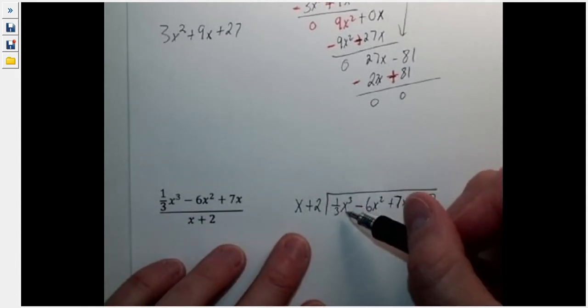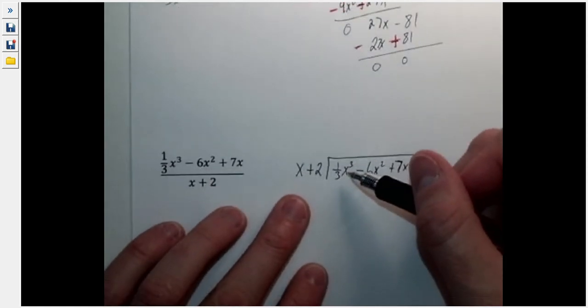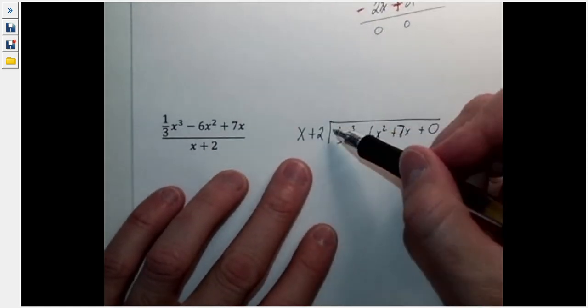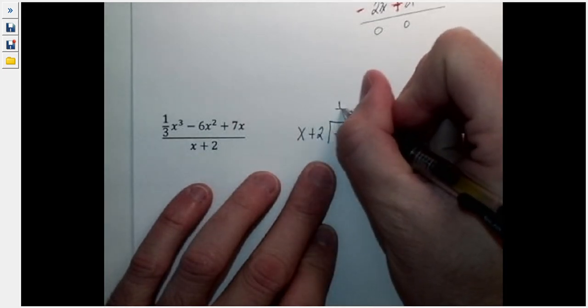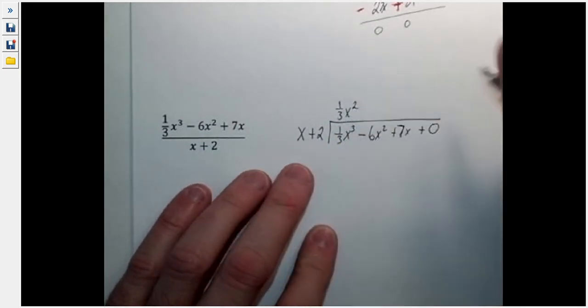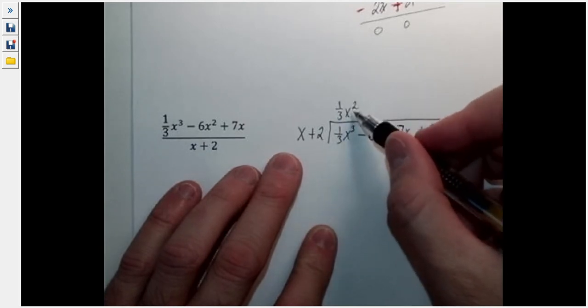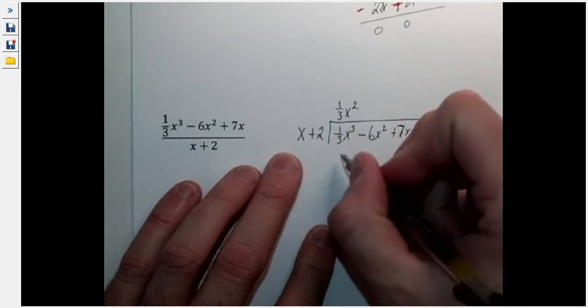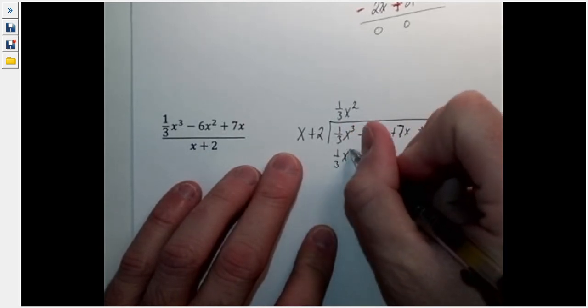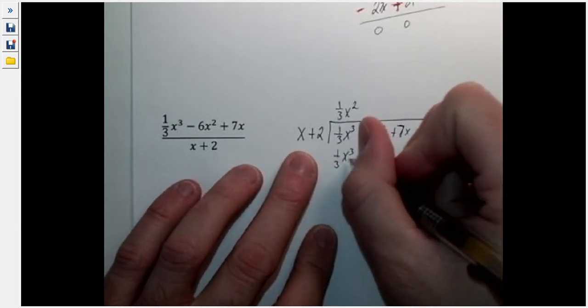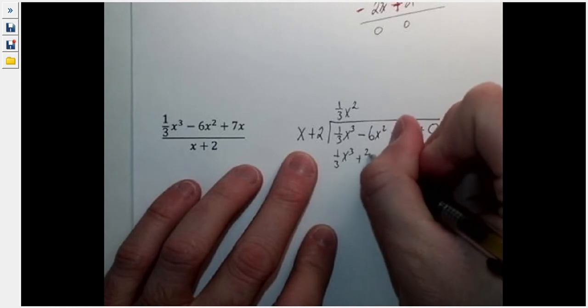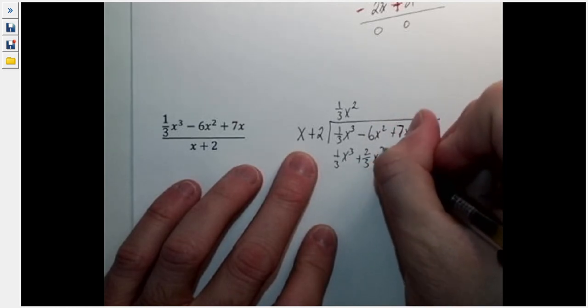Now, just like we've been doing, what times x is going to give me 1/3 x cubed? Well, that's 1/3 x squared. So 1/3 x squared times x is 1/3 x cubed. And then 1/3 x squared times 2 is going to be 2/3 x squared.